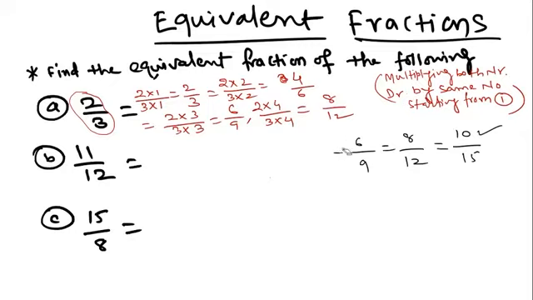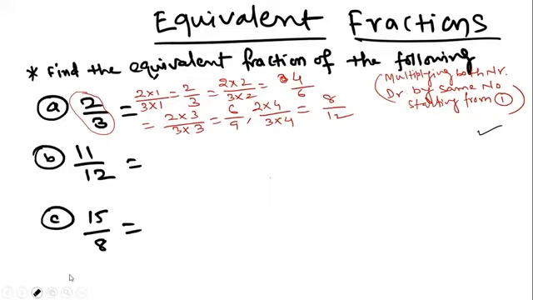These two methods are very easy, but we will go with the first one, because if you learn the first method, then it will be easier to write the equivalent fractions of any larger number. Suppose any number is a thousand times larger, then also you can write the equivalent fraction.